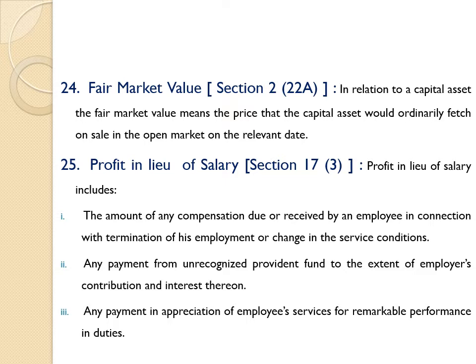The remaining three provident funds, recognized provident fund, unrecognized provident fund, statutory provident fund, are related with salaried persons. Here, any amount received by an employee from unrecognized provident fund is termed as profit in lieu of salary.